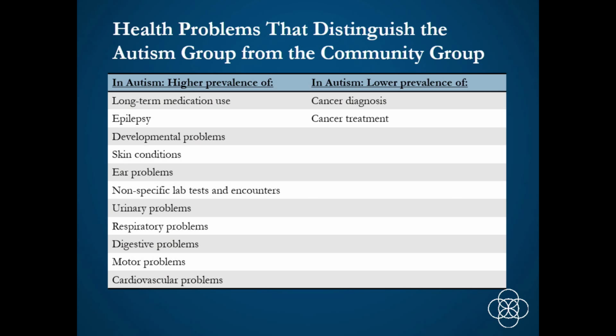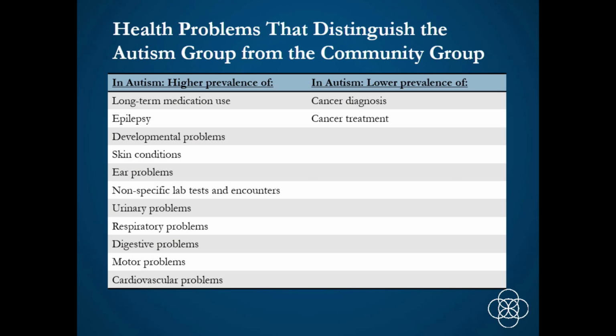We also saw lots of codes in their electronic health records that might indicate that they were going to the doctor and the doctor was just running some tests without a real reason for them. So they were non-specific, which might indicate an underlying health disparity because people were not being tested for specific things.